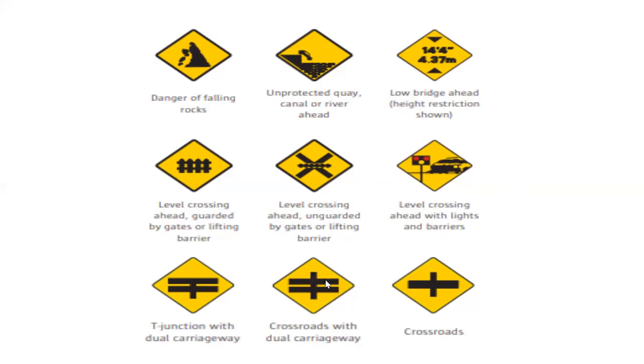We know that's a crossroads, but the 2 lines side by side is a dual carriageway. So crossroads ahead with dual carriageway. Again, we see the crossroads ahead with roads of greater importance because this line is thicker than this one.